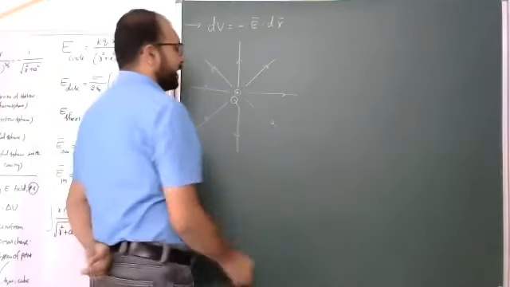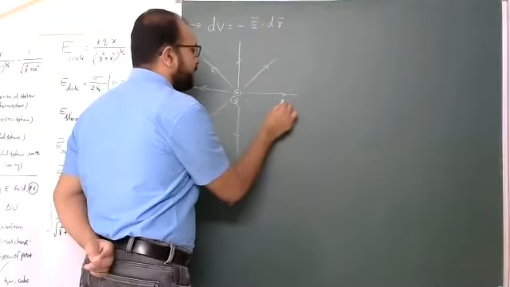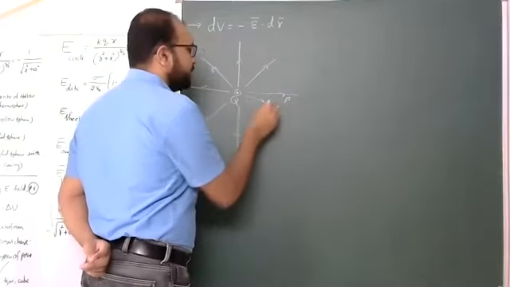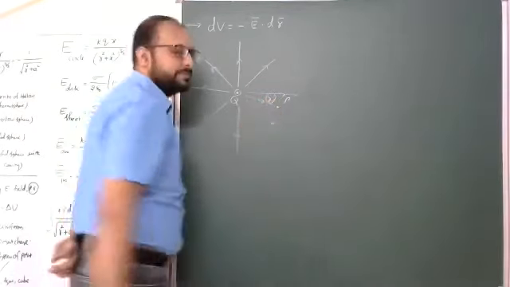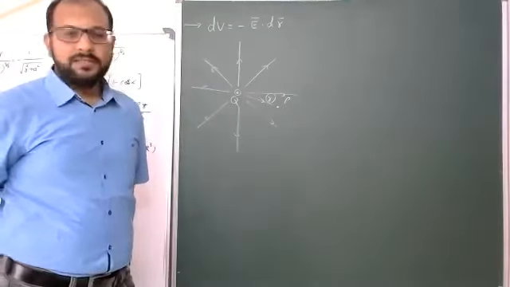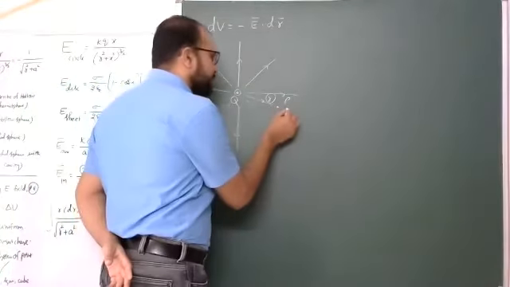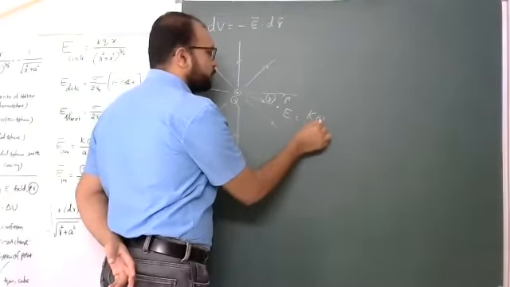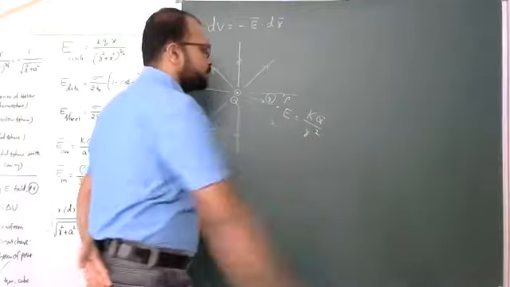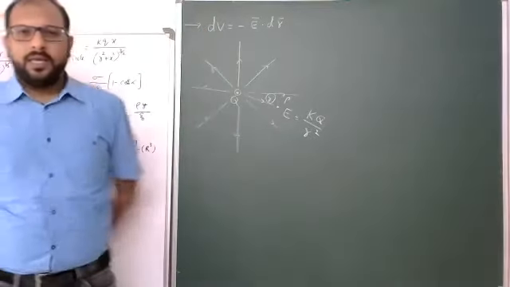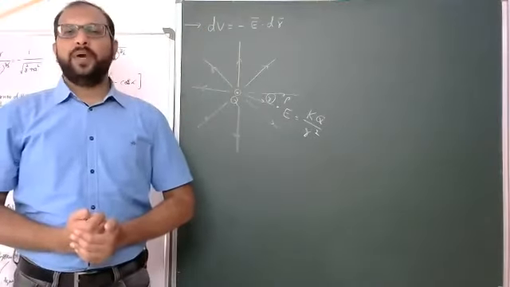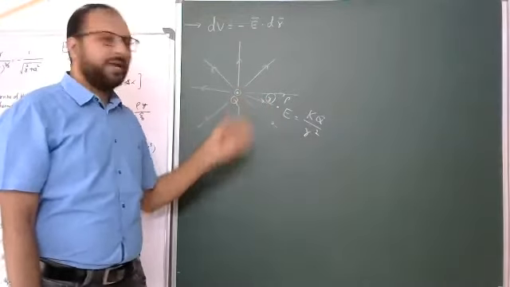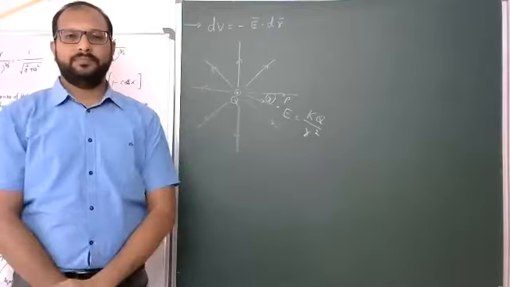In this, students, I am taking one point P at a distance R. Students all know at this point the electric field equals K into Q divided by R square, which is the electric field at a distance r from a point charge.